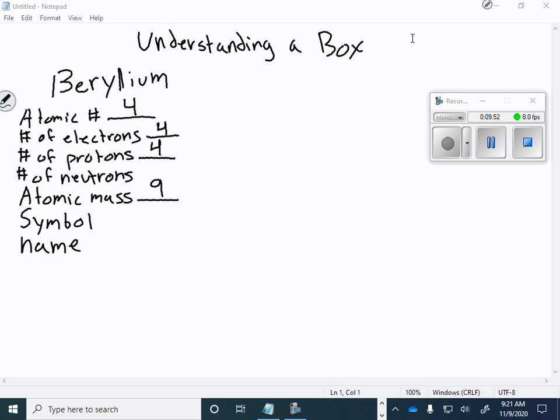So beryllium has an atomic mass of 9. The symbol is always right there in the middle. So the symbol for beryllium is Be. And the name right here, we just write beryllium.